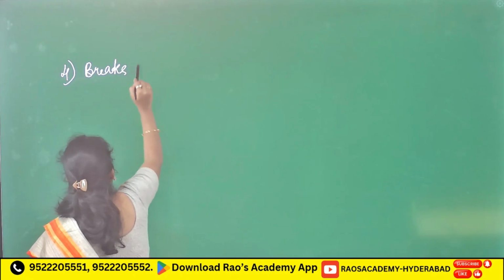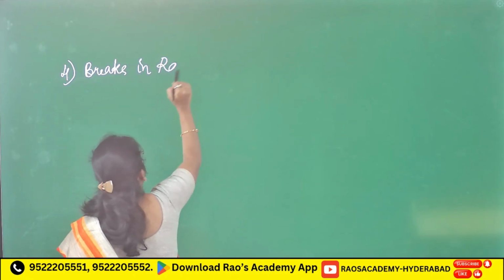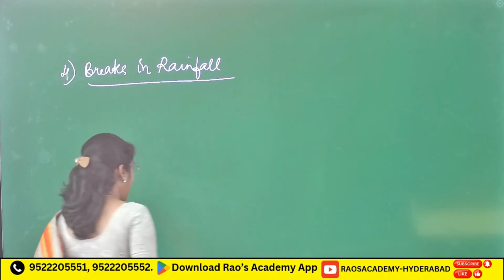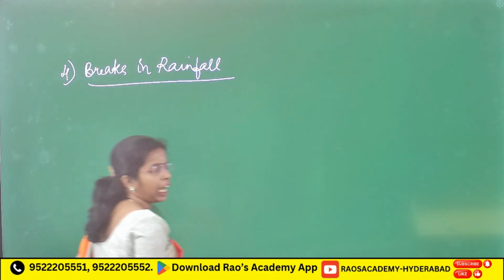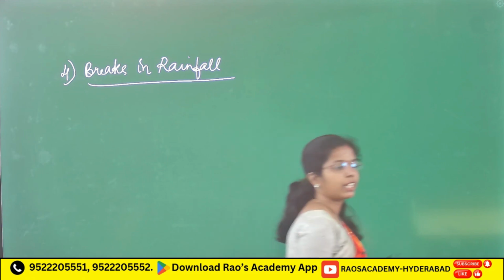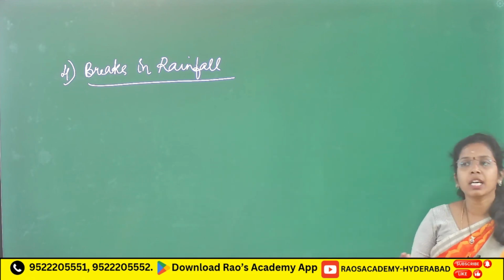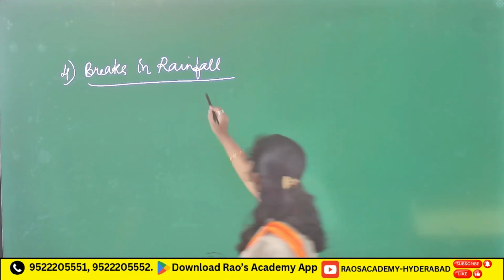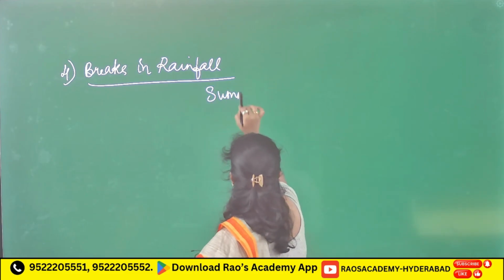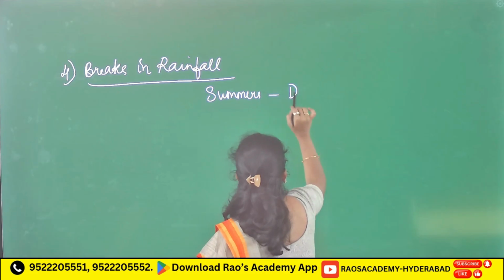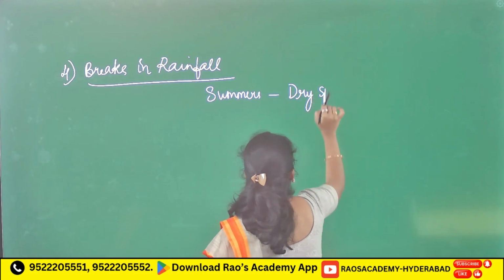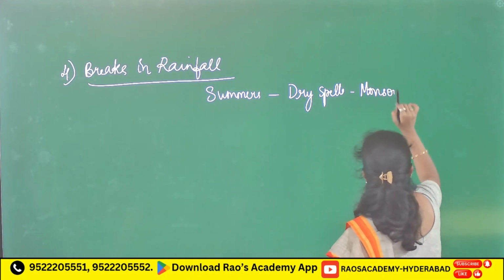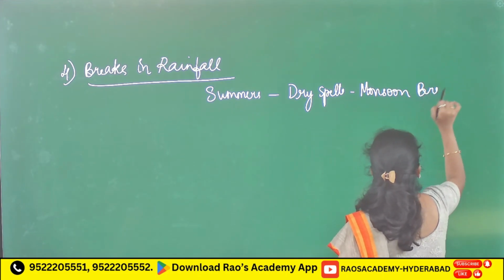Next, breaks in rainfall. This is one more feature of Indian climate. Rain does not fall continuously. In summers you will see some dry spells, and those are known as monsoon breaks.